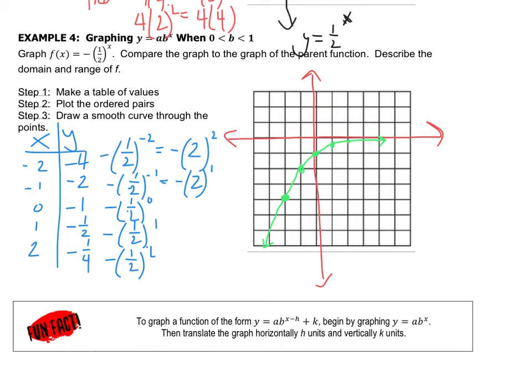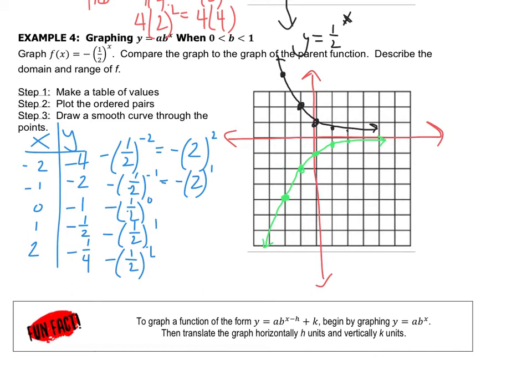The only real difference is, if you think about it, if -2 goes in, this is going to come up to 4, which I don't have a spot for here. If -1 goes in, it would come down to a 2. If 0 goes in, it's a 1, and then it would be the 1/2 and the 1/4. So it's kind of doing a similar thing, except it's really the mirror image. It's the reflected mirror image over the x-axis.